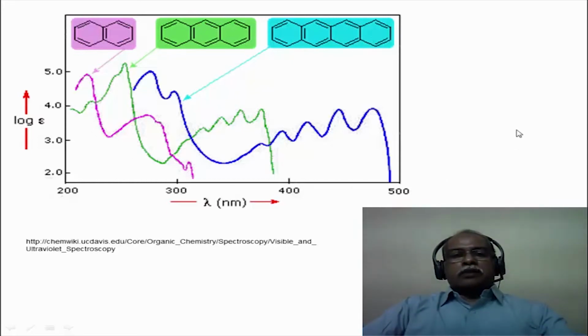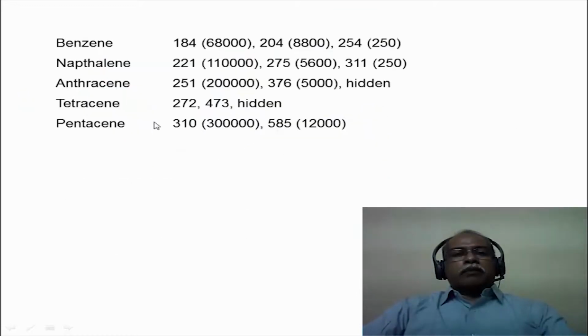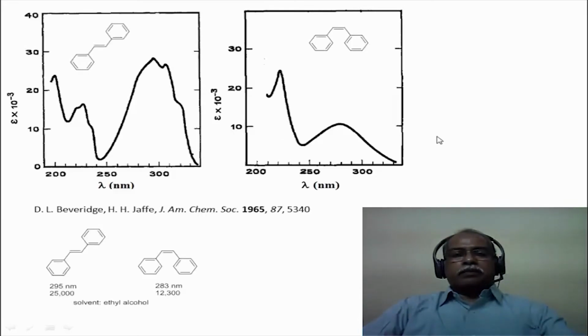So much so that when you go from benzene to pentacene, for example, benzene is colorless, naphthalene is colorless, anthracene is also colorless, tetracene is sort of reddish orange in color, pentacene is bluish in color, shifting the wavelength of the pi star transition into the visible region as you progressively increase the conjugation effect of the aromatic system.